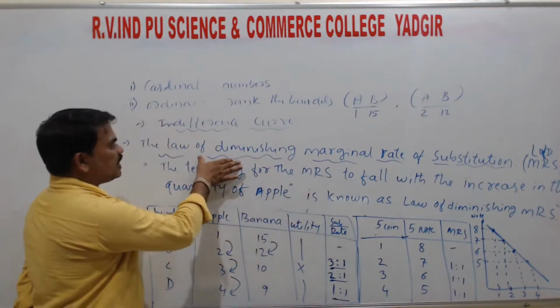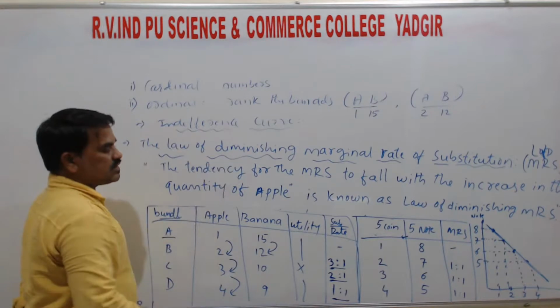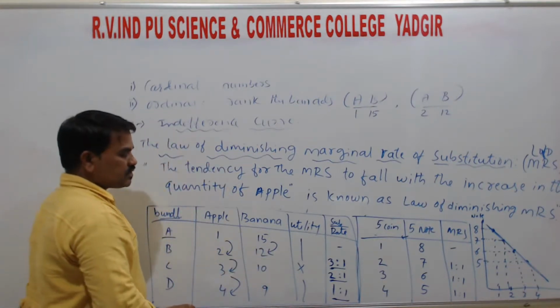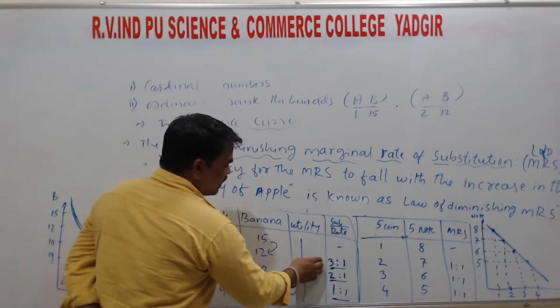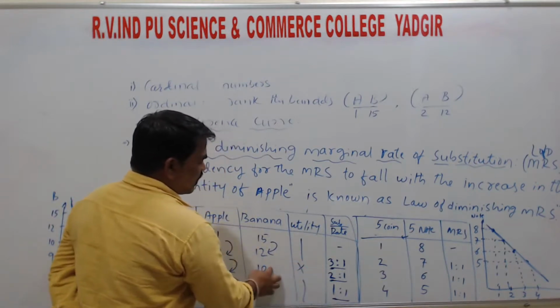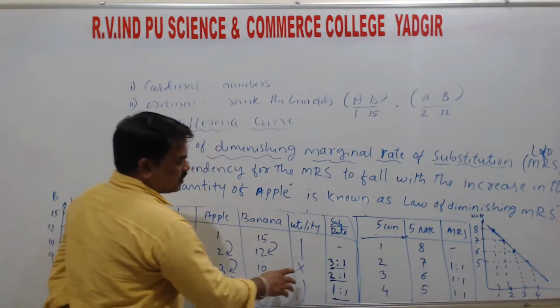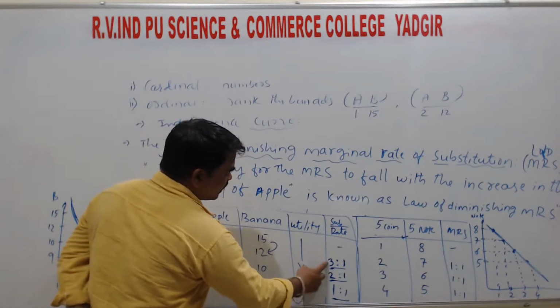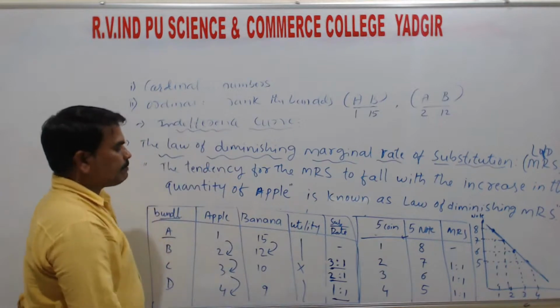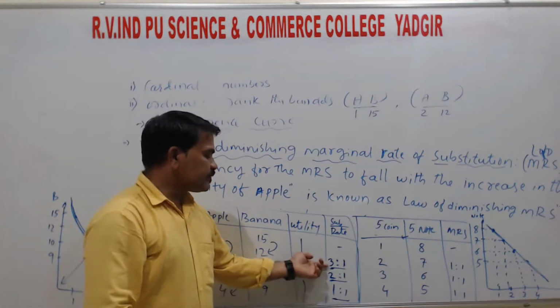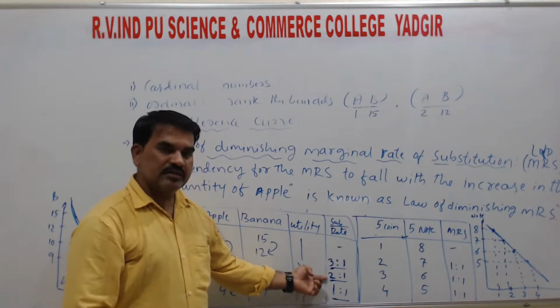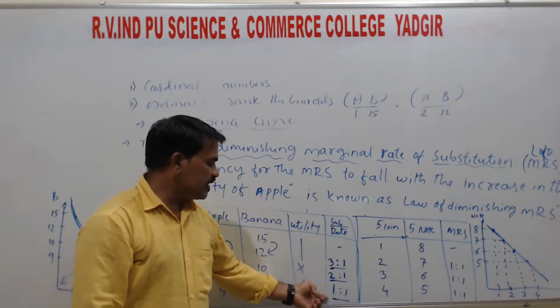And when we are discussing the law of diminishing marginal rate, if you see in imperfect substitution, when he is substituting one product for the other product, the rate starts falling, it starts diminishing. Initially he substituted with more numbers, later the number of substitution is reducing here.